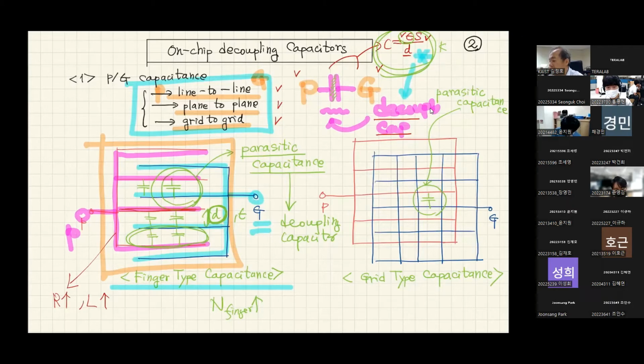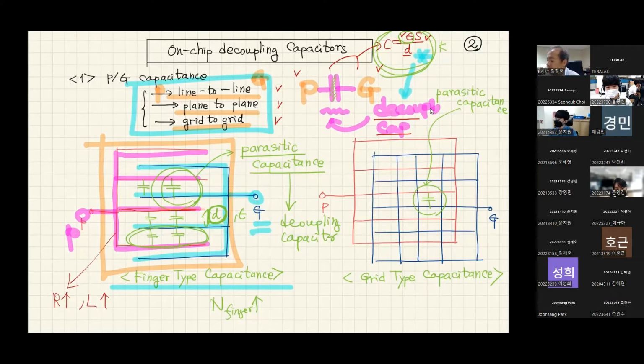Probably this might be useful for moderate performance, moderate speed digital chip PDN designs. But what I'm saying at this moment is that any type of power and ground PDN design inside a chip is going to generate parasitic decoupling capacitance between power metal and ground metal.